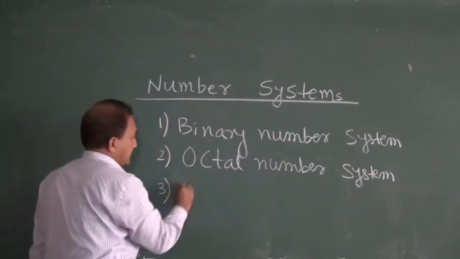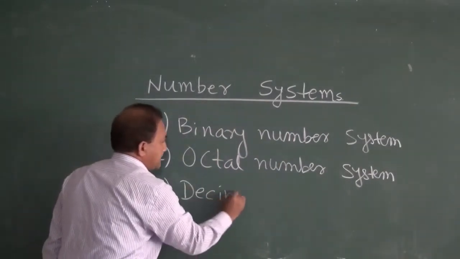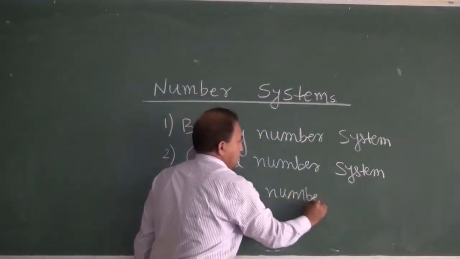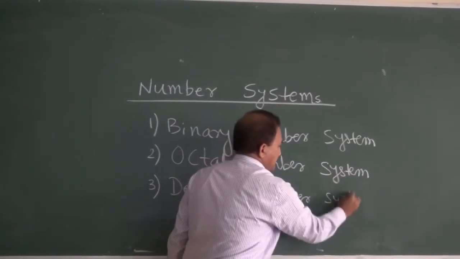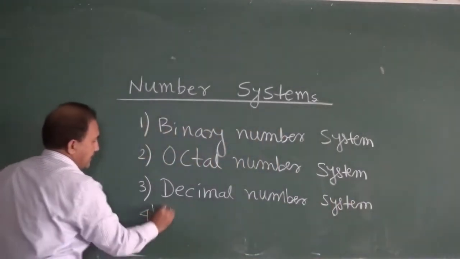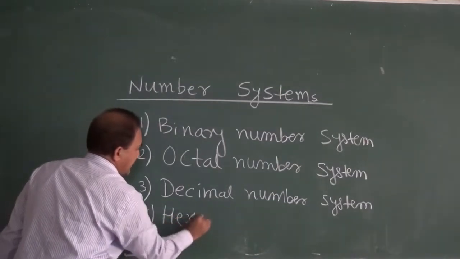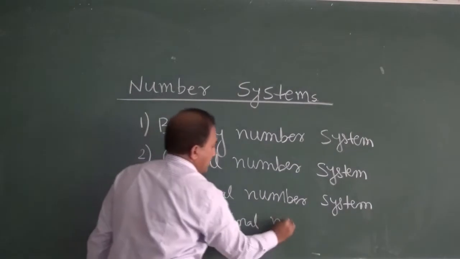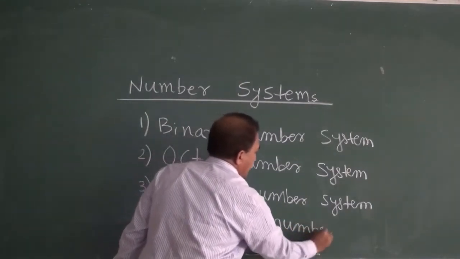Third is decimal number system. And fourth is hexadecimal number system.